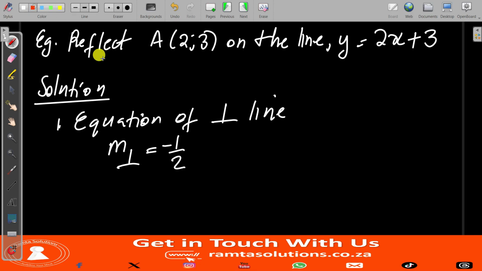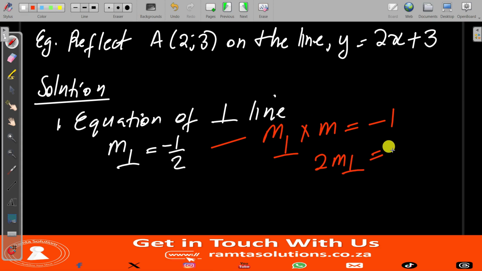I will just show it here. So the gradient of the perpendicular multiplied by the gradient of the line must be equal to negative 1. Obviously this gradient here is 2. So 2 times the gradient of the perpendicular line is equal to negative 1. Hence, we have this one here.